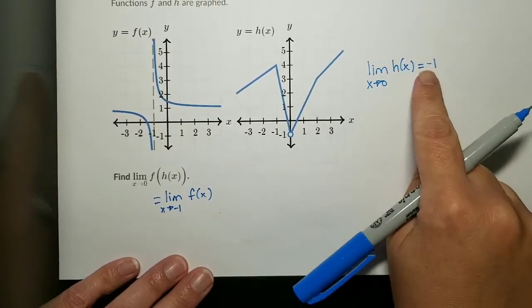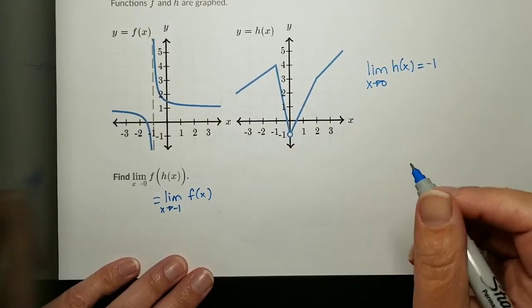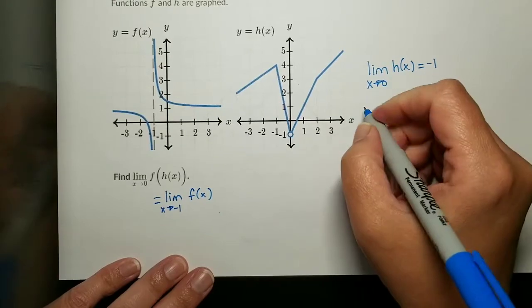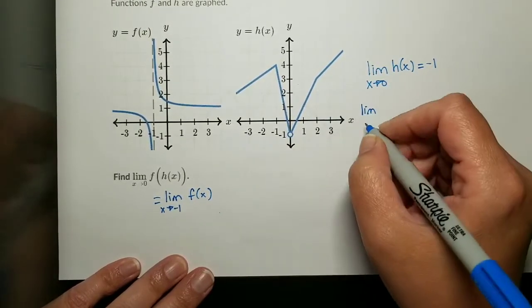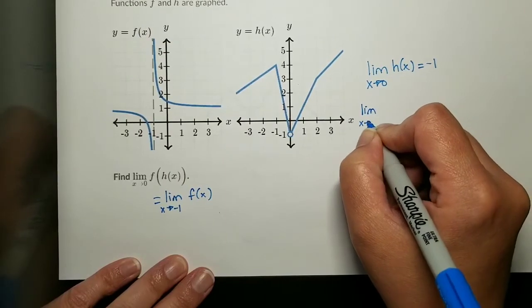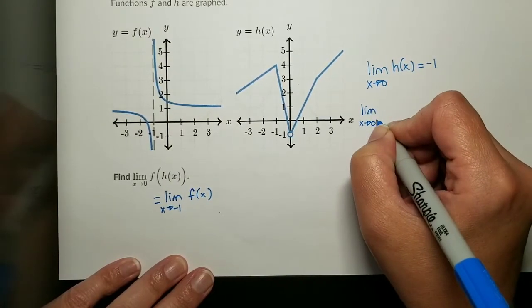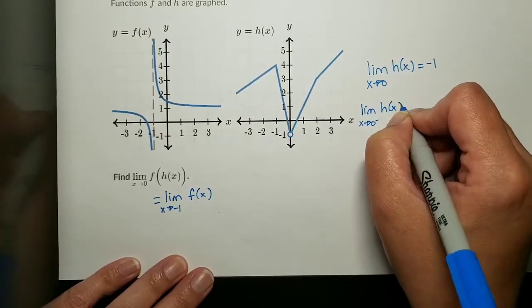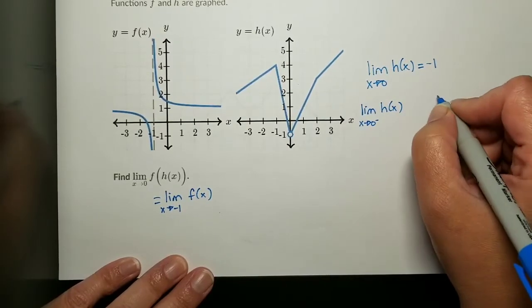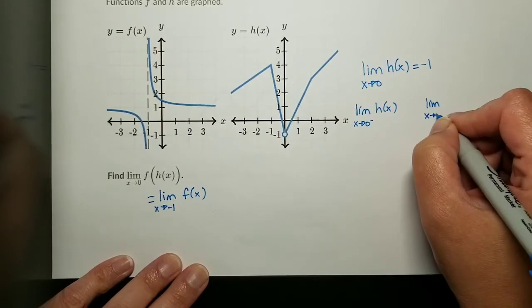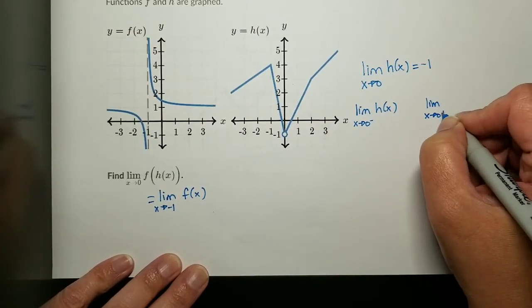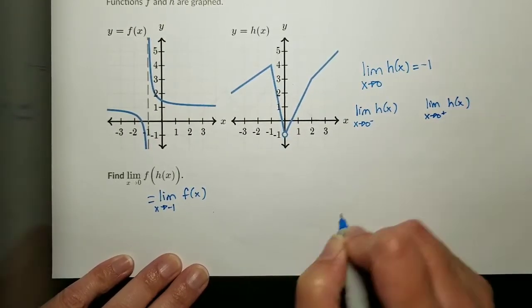So I want to say, what if I evaluated this as a sided limit? The limit as x approaches 0 from the left of h at x, and the limit as x approaches 0 from the right of h at x.